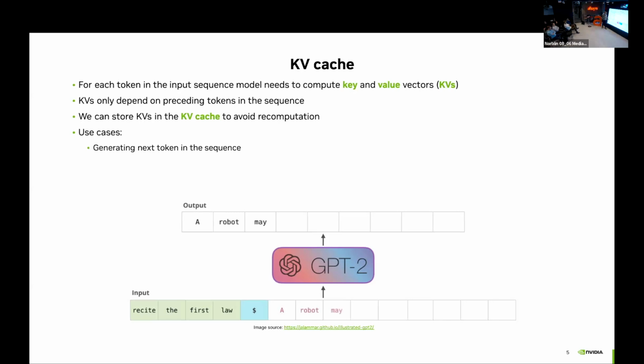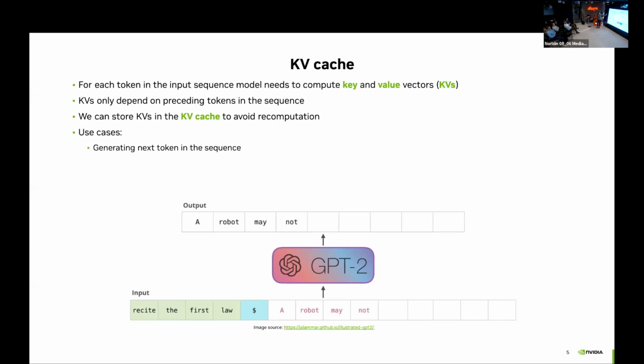For example, the keys and values for "low" only depend on "recite the first law" and not on whatever happens next in the sequence. What does it mean? It means we can store the KVs and reuse them and not recompute them again and again. When we want to compute the next token, we don't have to recompute all the KVs because they won't change, since whatever was preceding those tokens doesn't change when we generate next tokens.